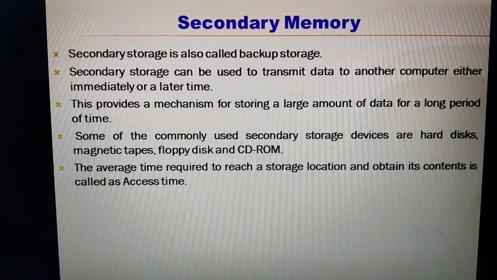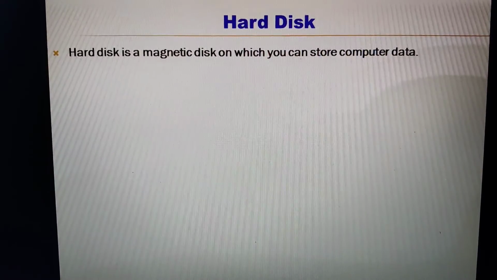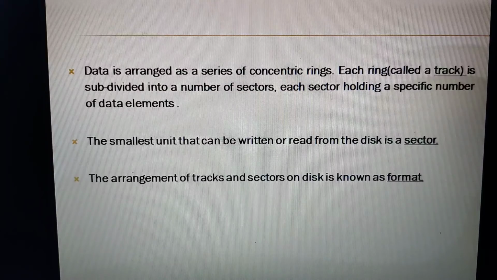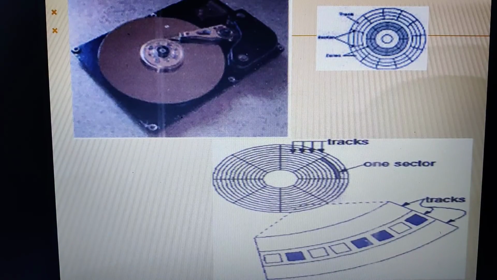First we shall discuss the hard disk. So what is a hard disk? A hard disk is a magnetic disk onto which we can store computer data. We all know that a hard disk is a kind of direct access storage medium, which means you can store and retrieve data randomly. Suppose your hard disk has n number of movies, songs, audio files, video files, or any documents.